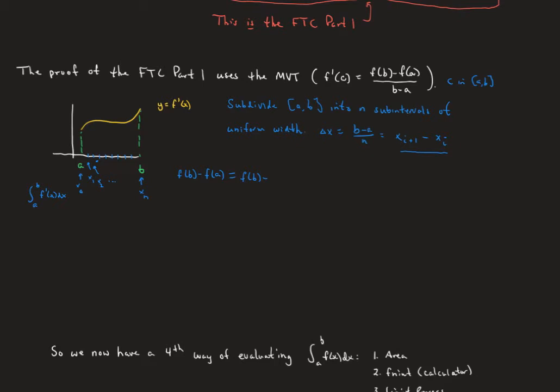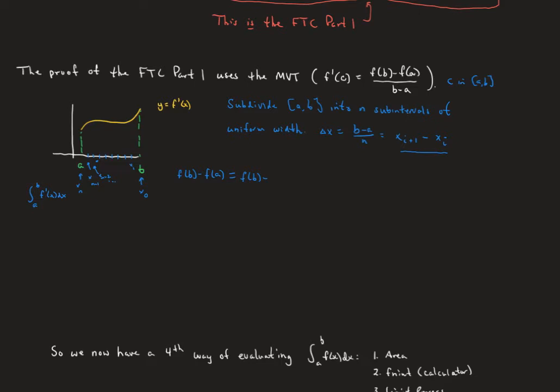Let me reverse the order of these. I'm going to go from right to left and call this x sub n, then this next one x sub n minus 1, then x sub n minus 2, all the way out to the second to last one, which will be x sub 1, and the b will be at x sub 0.